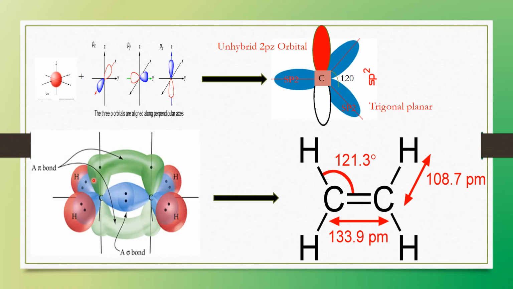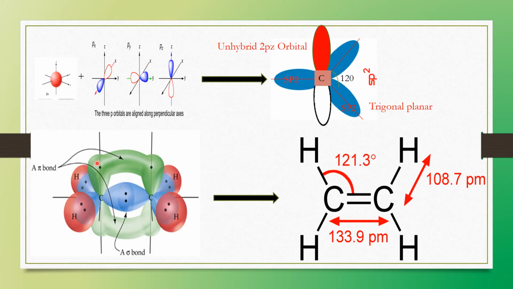Next, there is one unhybridized orbital, that is the 2pz orbital, in each carbon atom. The 2pz orbital of one carbon atom and the 2pz orbital of the other carbon atom overlap parallelly, because linear overlapping is not possible here.